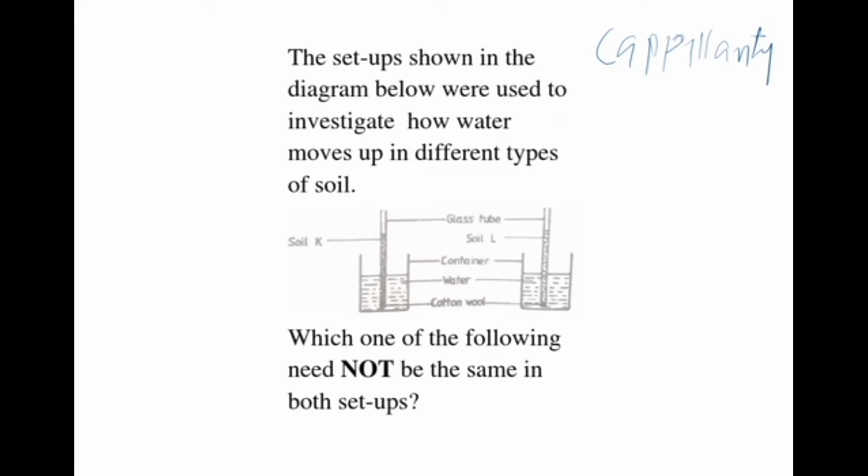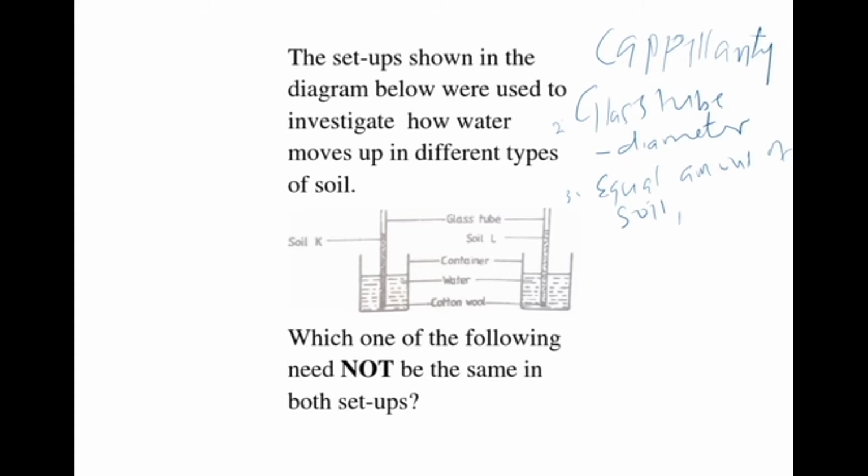One, we have the glass tubes. Glass tubes should be of the same diameter. Two, we have equal amount of soil, but the soil should be of different types.